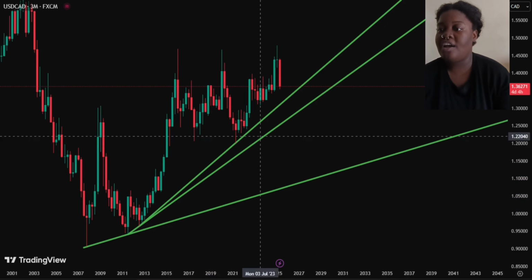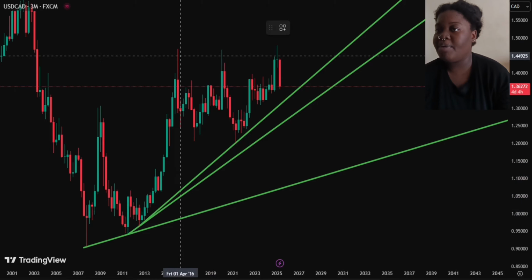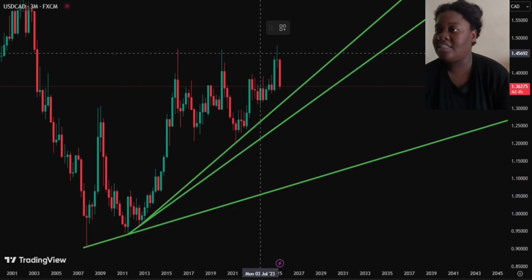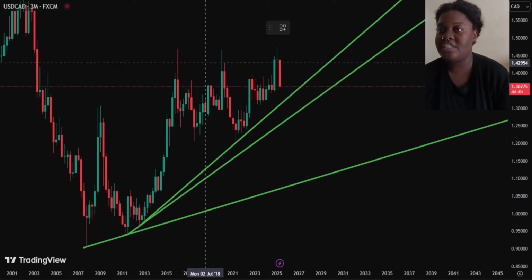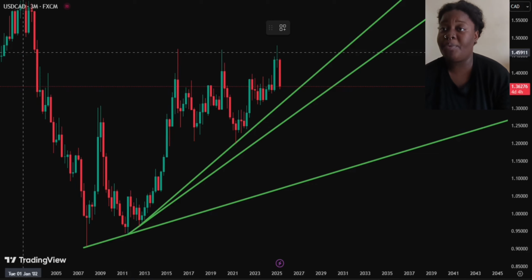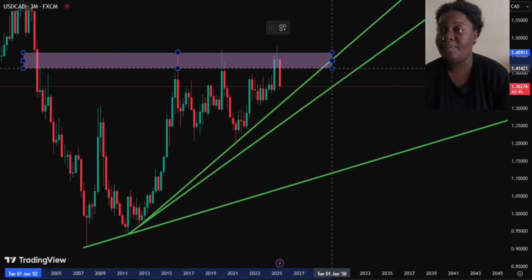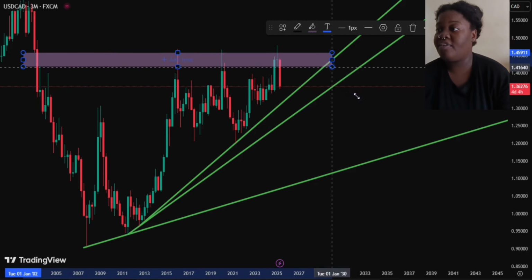Also, what I'm seeing on this time frame is the market respecting these highs, this level of resistance here, which is in between this fair value gap. I can outline that. That's very important because what this is showing me is an area of consolidation.